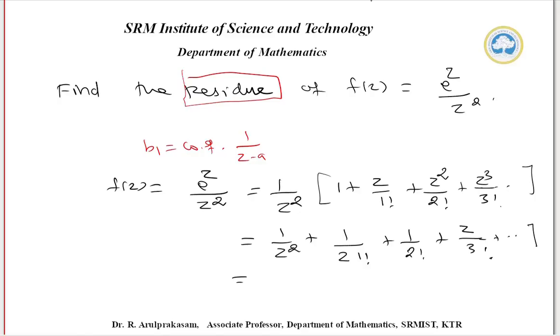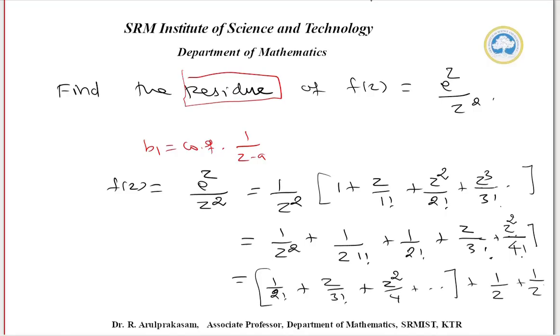Suppose I include one more term here: z power 4 over z square gives z square divided by 4 factorial. So the positive powers are 1 divided by 2 factorial plus z by 3 factorial plus z square divided by 4 factorial, and so on as infinite terms. These are all positive powers. Plus, the negative powers I have are 1 divided by z plus 1 divided by z square.